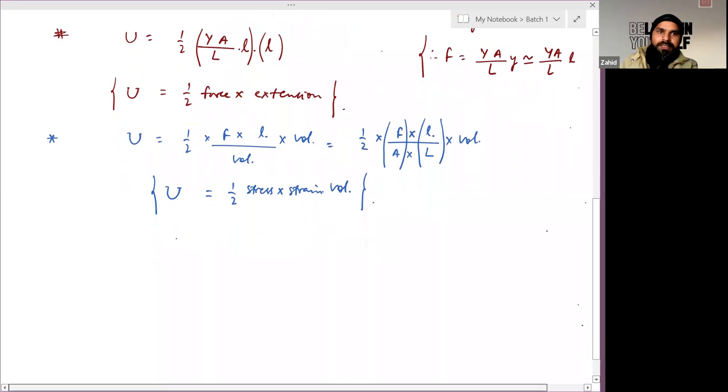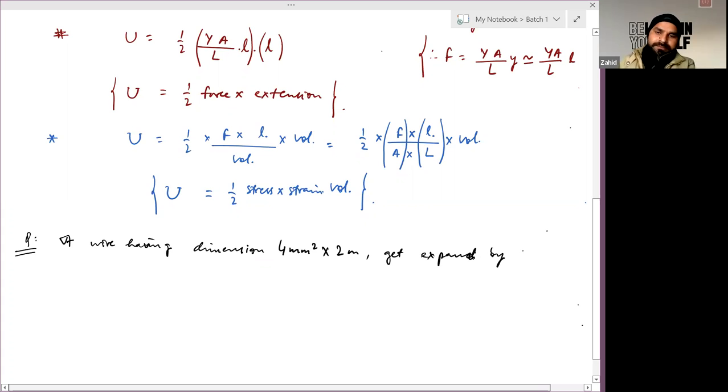Let me give you a problem related to this part. A wire having dimension 4 mm square cross-section and 2 meter length gets expanded by 2% on applying stress.